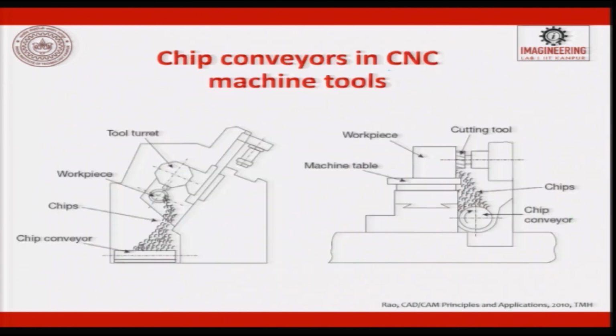Then as I told you, when we talk about machining, chips are formed. If the chips get accumulated on the table, it is going to be difficult. You have to frequently clean the table. So, rather than that, we always use a slant bed. So, the chip falls on a conveyor. This conveyor can be a bucket or it can be a moving conveyor. The chips are thrown out into another conveyor.